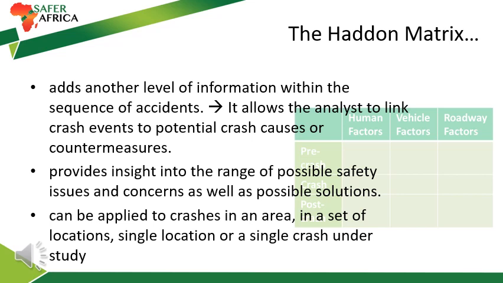Considering the crash contributing factors and what period of a crash event they relate to supports the process of identifying appropriate crash reduction strategies. The model can be completed upon examination of crashes for an area, for a set of locations, a single location, or a single crash under study.